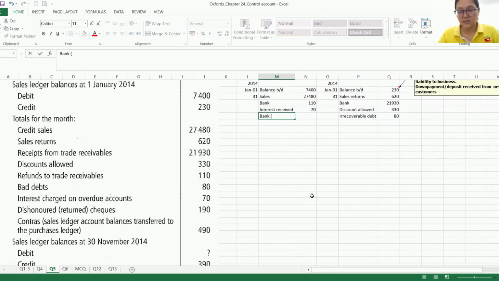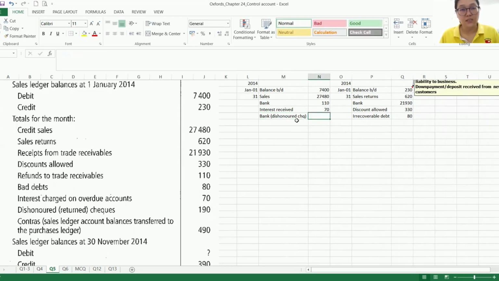And because this is a dishonest cheque, we put inside the bracket dishonoured cheque. So this is some indication that you put in your account. Put the account name first, after that behind is the detail of the transaction.